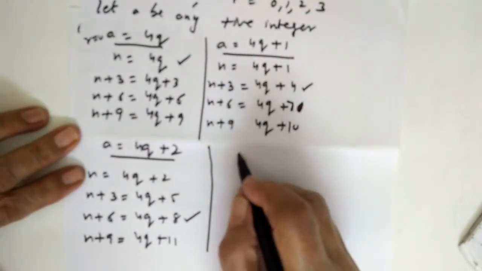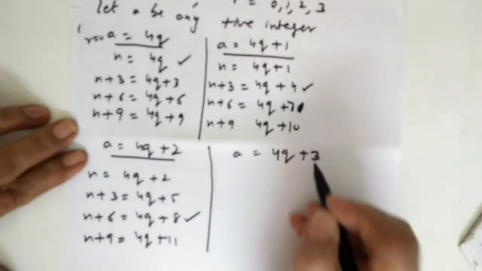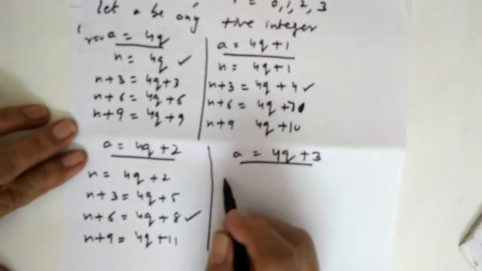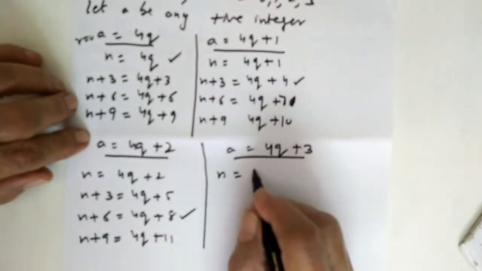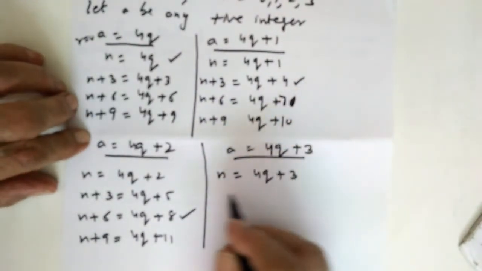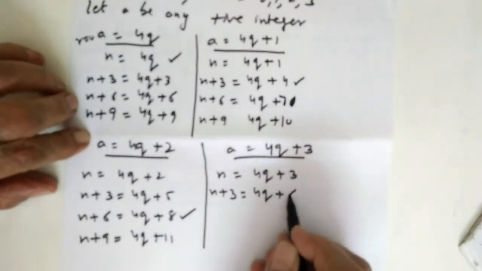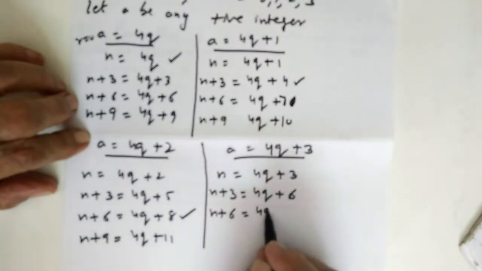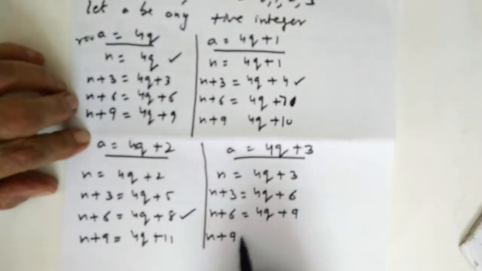Last is n is equal to 4q plus 3. Last remainder 3. n plus 3 is equal to 4q plus 6. n plus 6 is equal to 4q plus 9 and n plus 9 is equal to 4q plus 12.